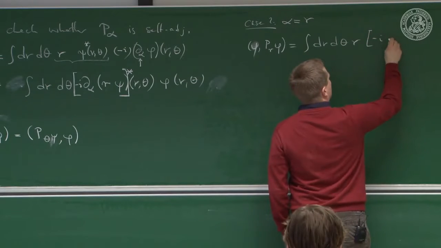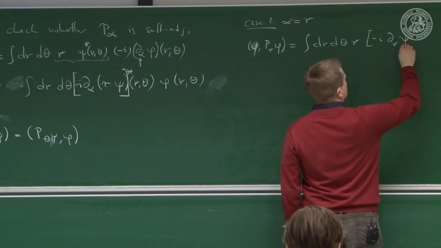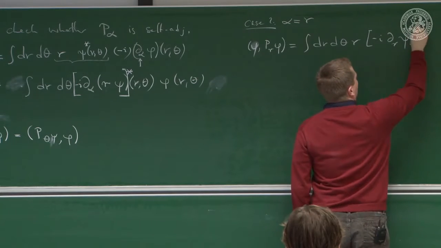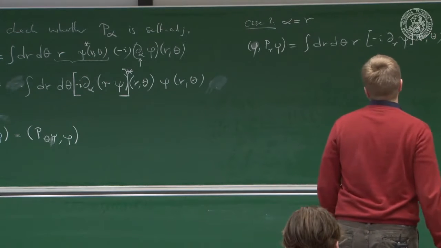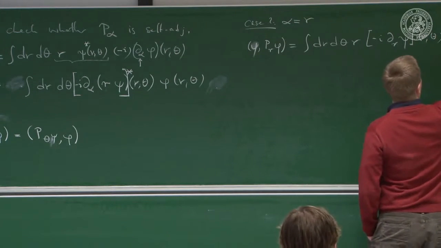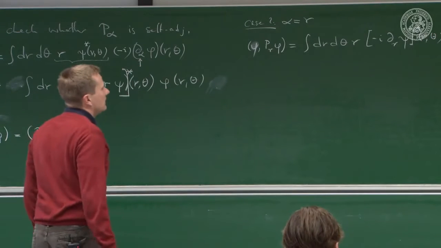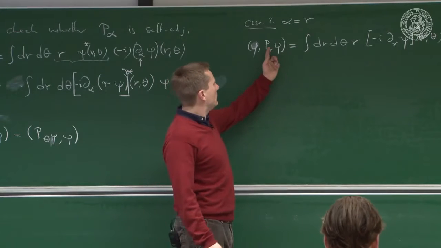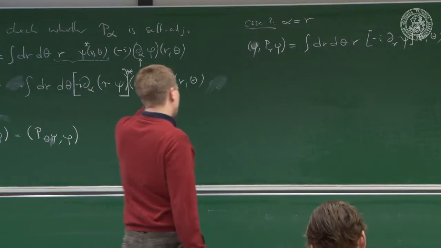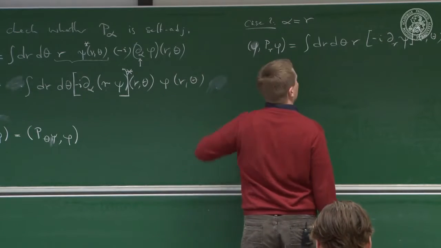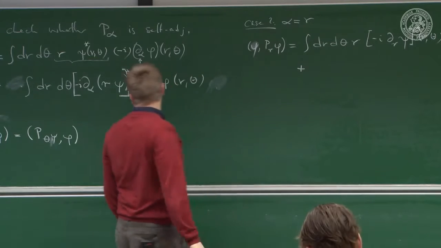Then I have minus i del r acting on psi, the whole thing being starred, and the function of r and theta, and phi of r and theta. So that's good. That's exactly what we wanted if the p_r were self-adjoint, but you see, because of the product rule, there's an extra term.